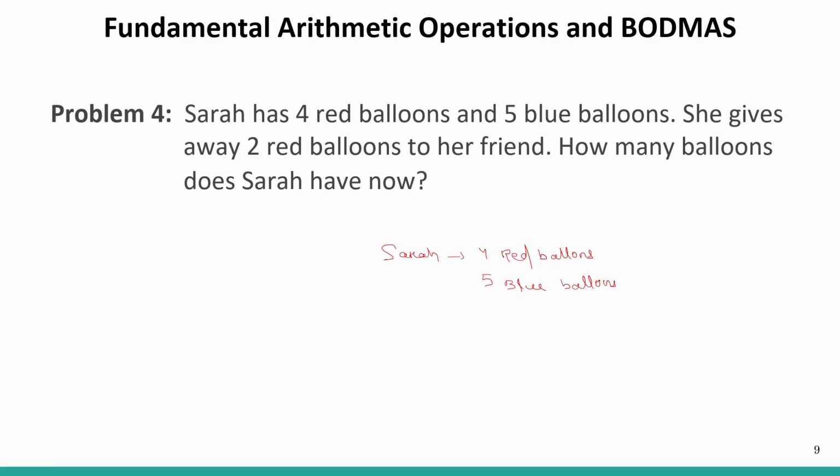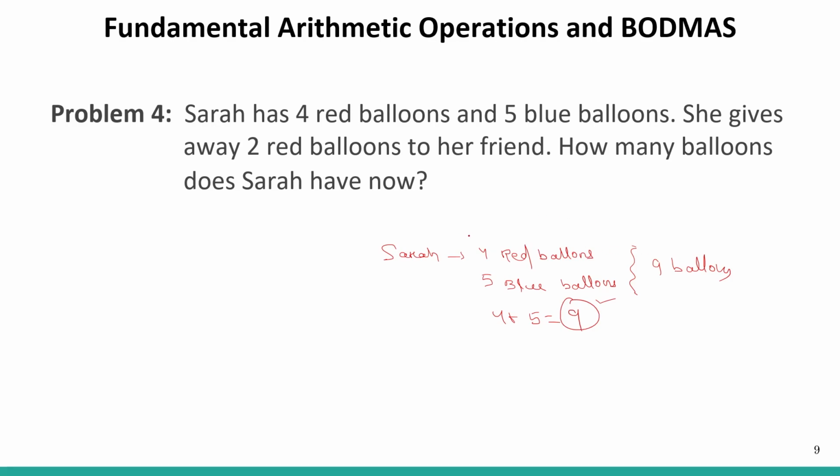She gives away 2 red balloons to her friend. How many balloons does Sarah have now? In total, Sarah had 9 balloons, because 4 plus 5 is equal to 9. In general, it is asked about balloons only, not the color.